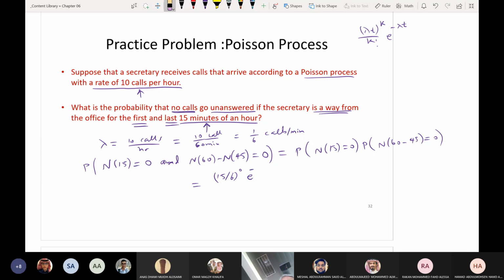So it's (15/6) to the power of 0, e to minus 15/6, divided by 0 factorial, which is 1, multiplied by the same again: (15/6) to the power of 0, e to minus 15/6, divided by 0 factorial. Whatever that is, basically it's e to minus 15/6, squared.